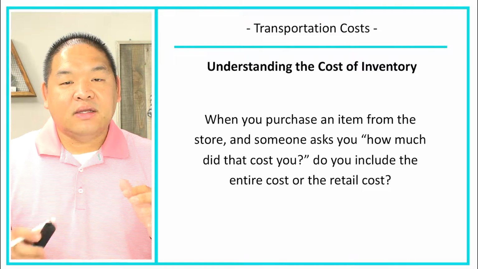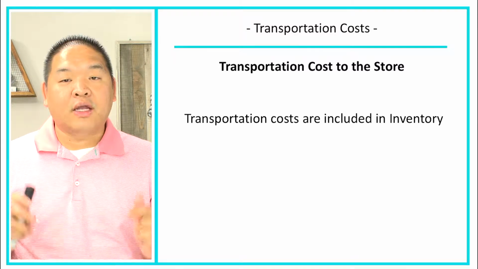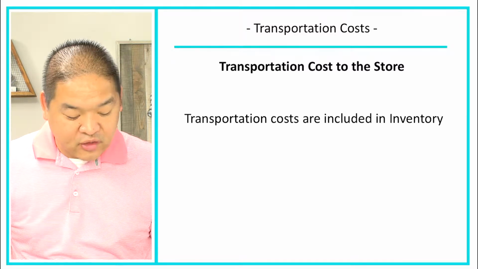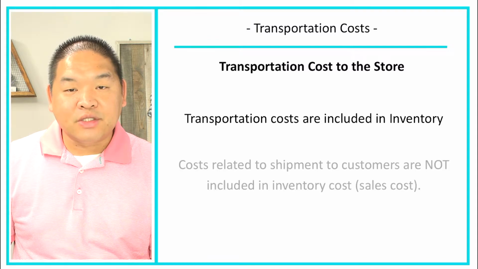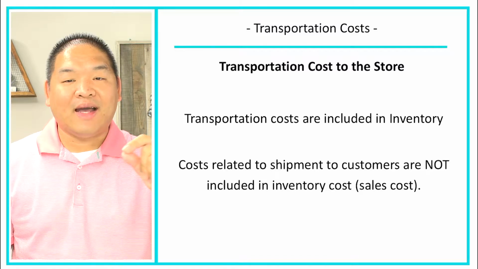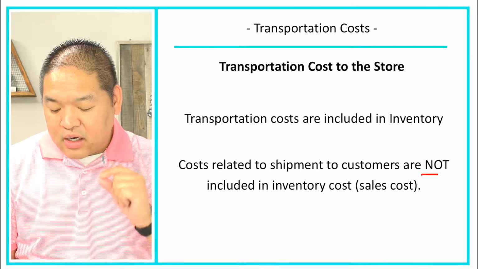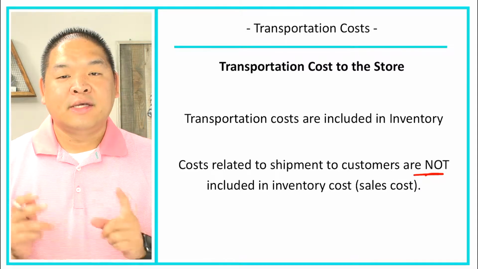Well, the same thing kind of works for transportation. So transportation costs are included in the cost of inventory when they are incurred by the retailer or the merchandiser. Now, costs related to shipment to a customer are not included in inventory costs. Instead, they are considered sales costs.